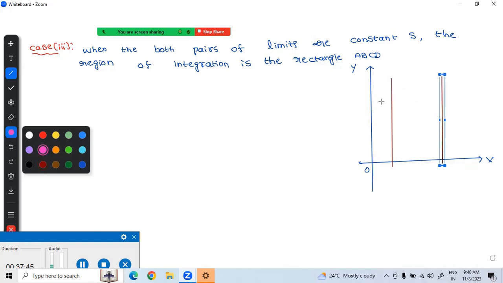Next y equal to A and y equal to B straight lines.